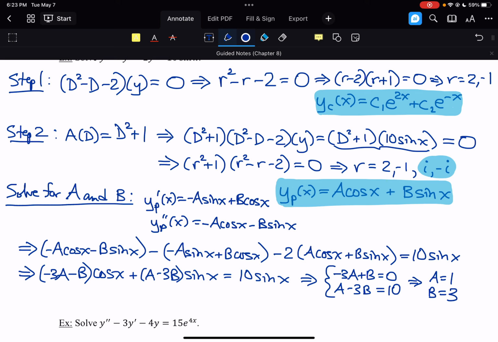So those are going to be, oh, excuse me, b is negative 3. Did I mix something up here? Let's see. The cosine, negative 3a, and minus b. Sine, we have plus a, minus 3b.